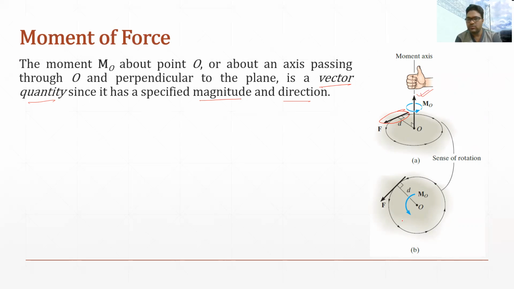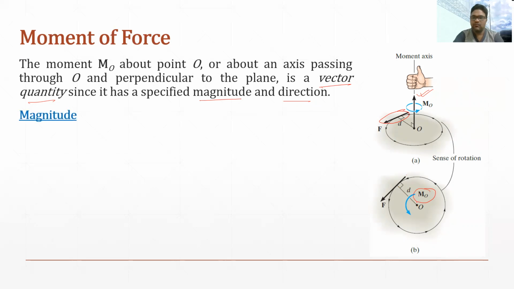Or in two-dimensional form we can see the force has a distance from point O, and only then is the rotation occurring. Sometimes we represent this rotation by this curved arrow. And as the moment is about O, we represent the moment as M with subscript O.